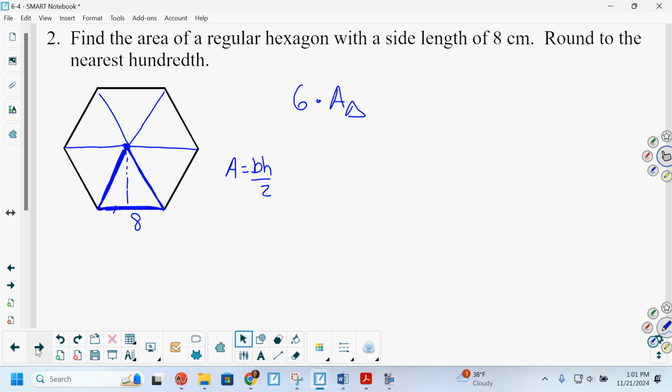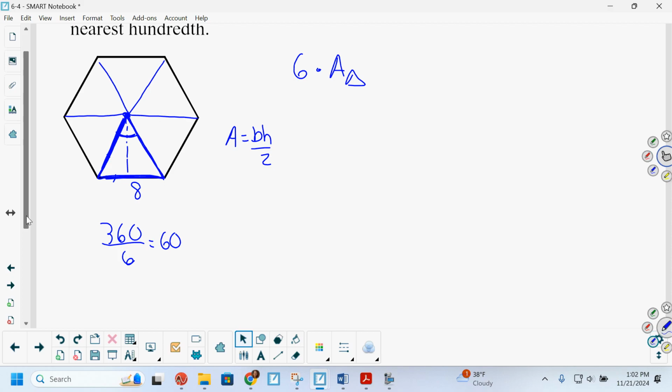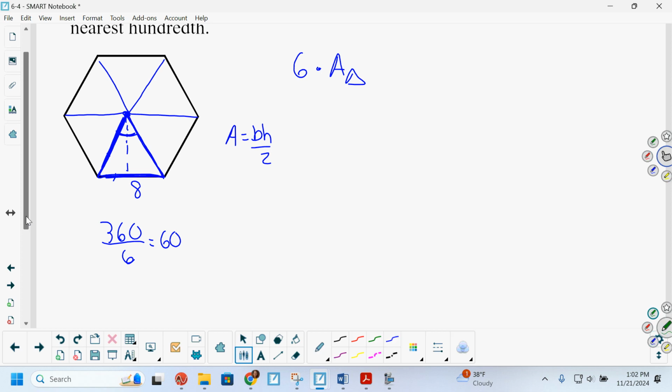Well, I still want to figure out this angle. So 360 divided by 6 tells me that this angle right here is 60 degrees. If this angle is 60, remember, this altitude I dropped is also known as the apothem. It's going to break up or bisect that angle.